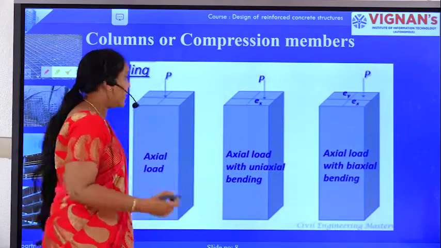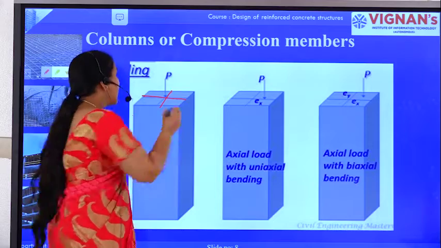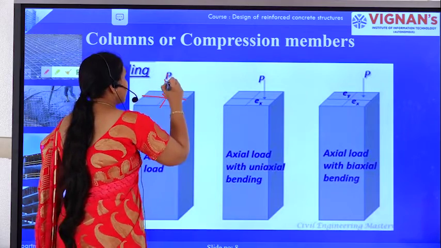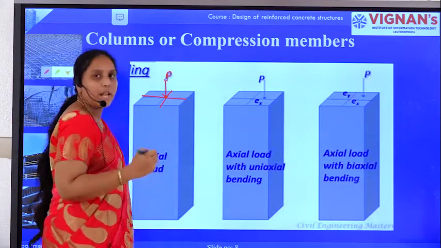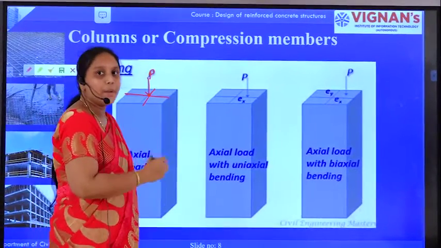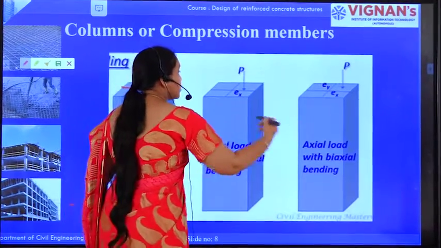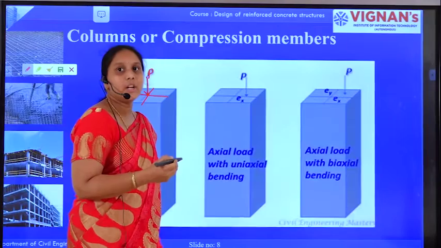If you see here, this is a column and this is the centroidal axis of this column, and this particular load P is acting at the centroidal axis. So this type of column is called an axially loaded column. And if you see these two columns here, these are the eccentrically loaded columns.